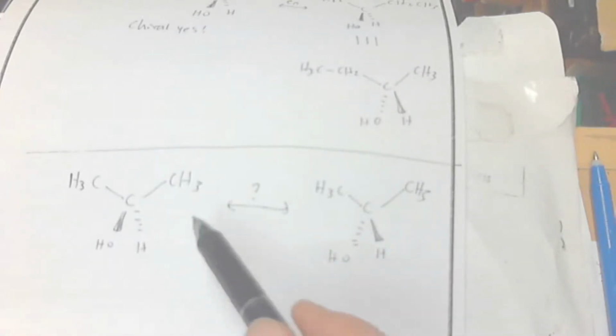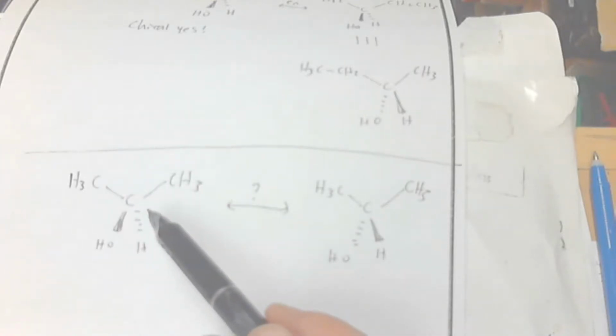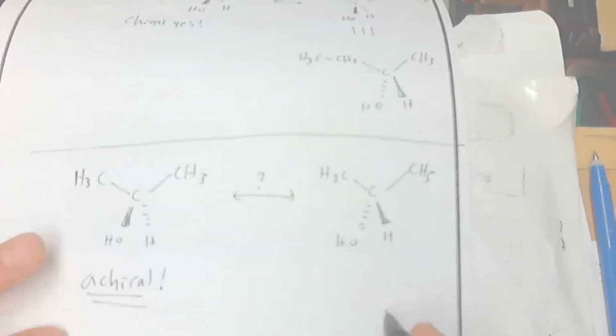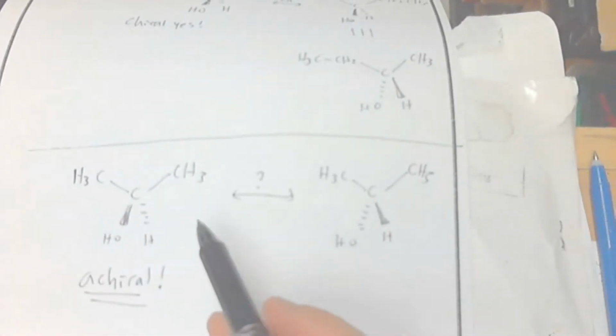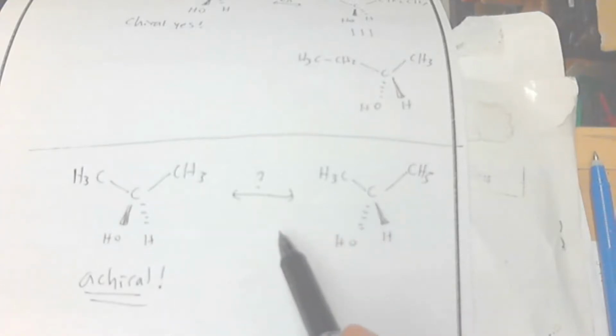Left one or right one, are they chiral? It looks like the same connectivity. Chiral or not? The answer is no. You don't have four different things. So what's the word for that? It's not chiral, it's achiral. So then what's the relationship? They look kind of different, but are they enantiomers?